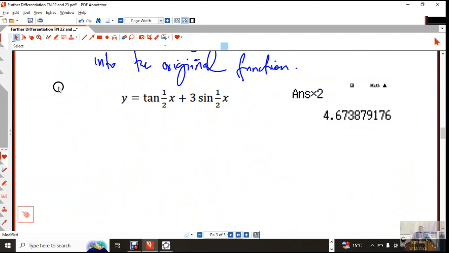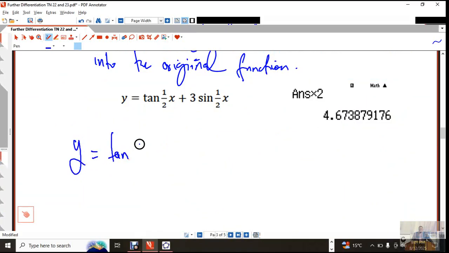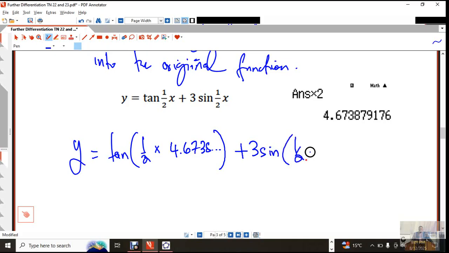So this implies that my y would be tan of a half of the value of x, which is 4.6738 and so on, plus 3 sine times a half of 4.6738 and so on. Let's see what our corresponding y value would be if we do that.